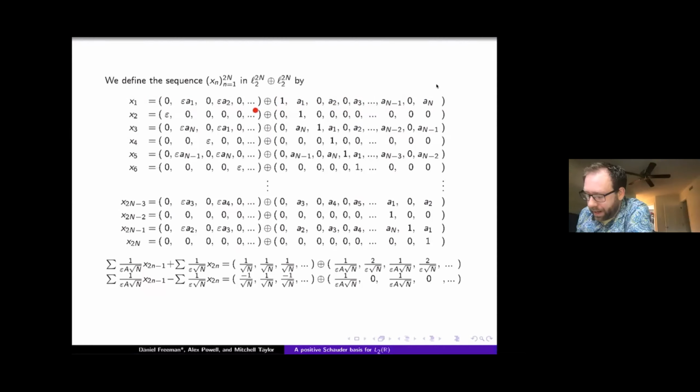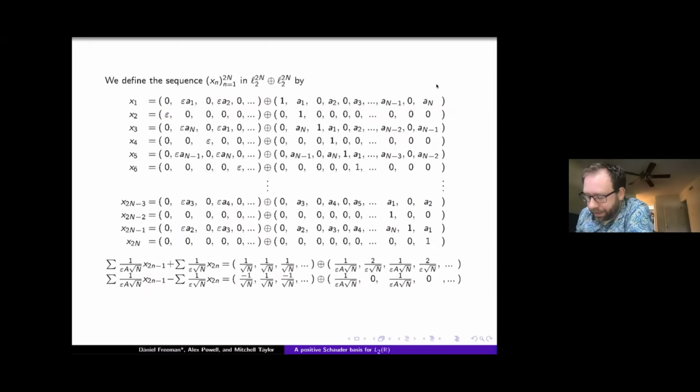And then on the left side, I get rid of the 1 and multiply the aj sequence by epsilon. So essentially, this part over here, if I'm just looking at this vector x1, is like a 1 here with a teeny bit added on. And the part added on the right is much bigger than the part on the left. And then for the even x2, it's just 1 in the second coordinate, and over here, it's epsilon in the first coordinate.